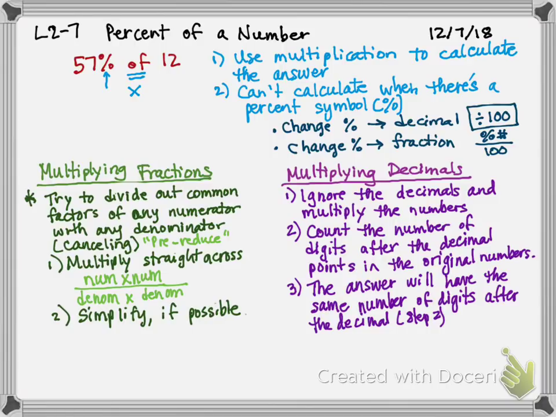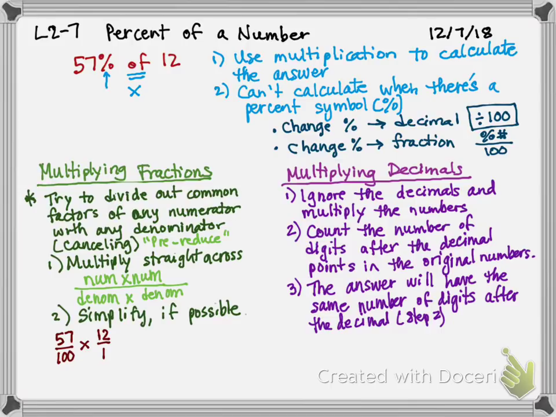Okay? So let's go back and let's look at that original problem, that 57% of 12, and let's solve it both directions. So with fractions, I would take 57 and give it a denominator of 100, and then I would multiply it by 12. So I'm going to make 12 a fraction by giving it a denominator of 1.